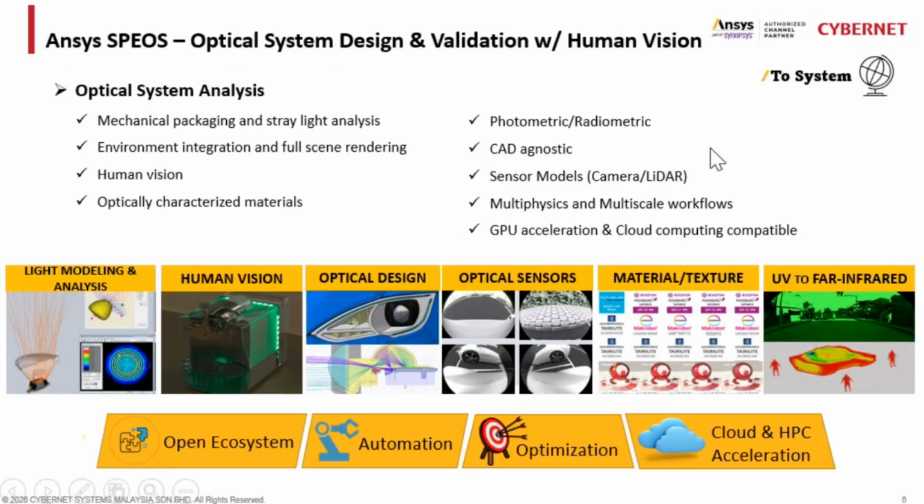So let's go to Ansys Speos. Just now we mentioned optical system design and validation with human vision. With this software, we can import all the geometry. We have light modeling and analysis, and we can use human vision and also optical design. We can directly generate lenses using these tools, along with optical sensors such as cameras. Importantly, when doing optical system simulation, we need to import materials and textures, which represent the optical properties of all the objects in your simulation.